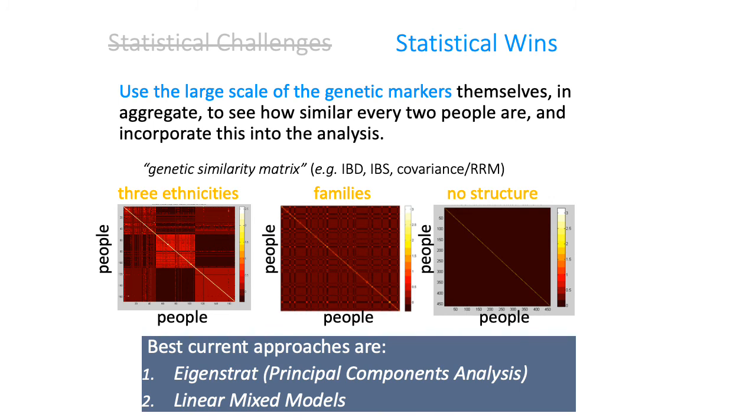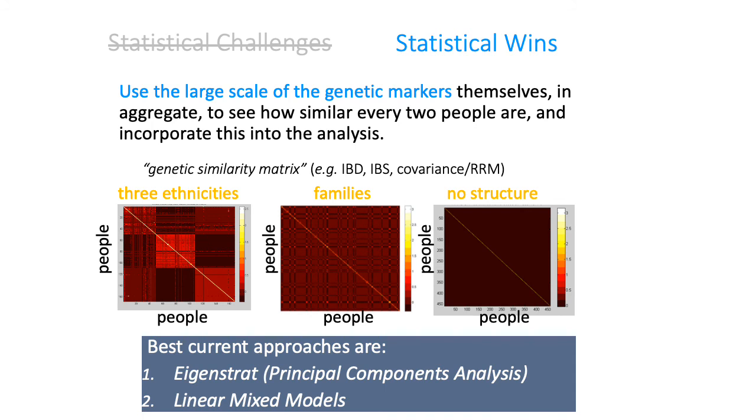The squares on the diagonal of a family-driven genetic similarity matrix would be more prominent than the blocks in an ethnicity-driven matrix, because a parent and a child will tend to share much more similarity, relatively speaking, than two unrelated people of the same ethnicity.